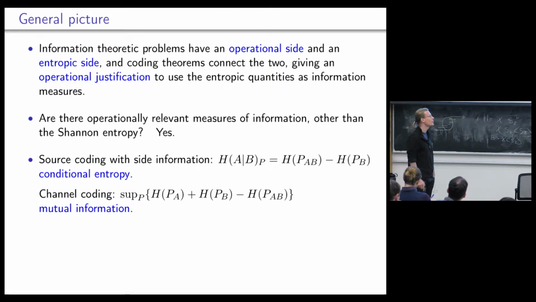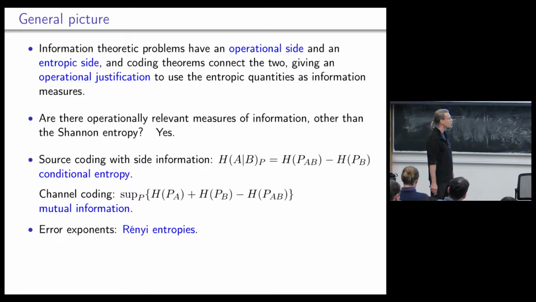So these are some information measures that we can build from the Shannon entropy, and they do have some operational significance. And there are other information measures, so-called Rényi entropies. And they emerge when we are looking closer at these coding theorems and look at error exponents. I will explain in more detail what this means.